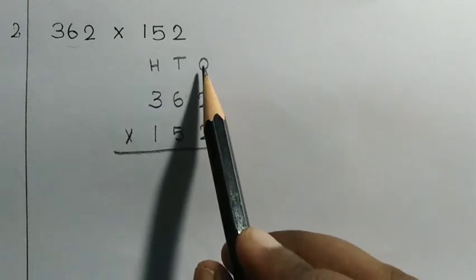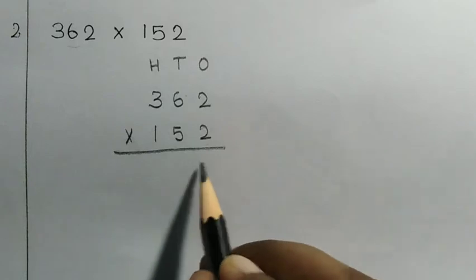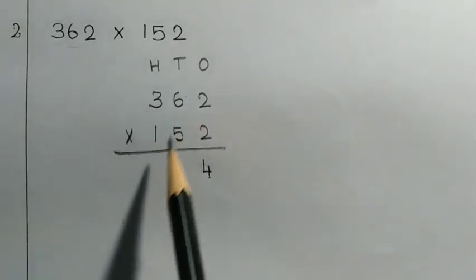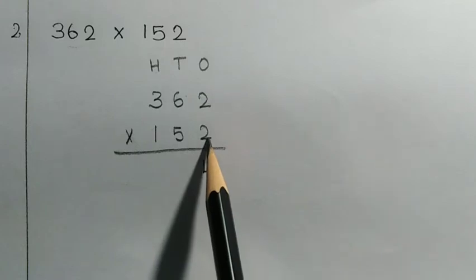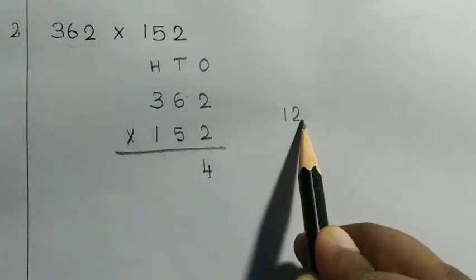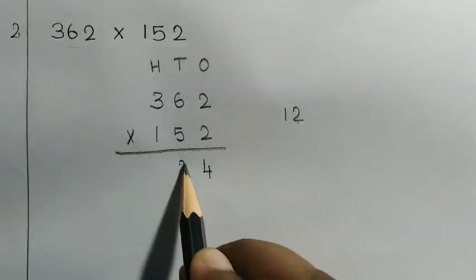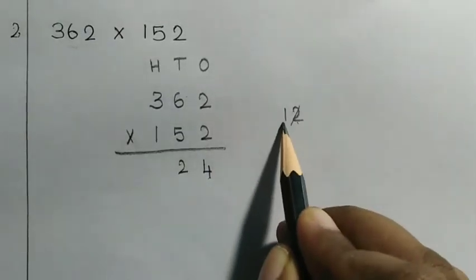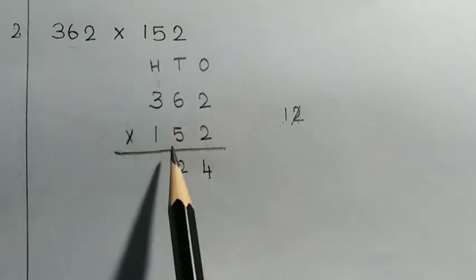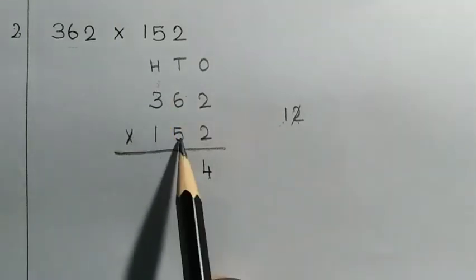Start from the ones digit. 2 2s are 4. Next is tens digit. 6 2s are 12. So you have 12 over here. 2 has to be written here and 1 is the carryover over here. I am not going to write it because we still have 2 more digits to be multiplied.